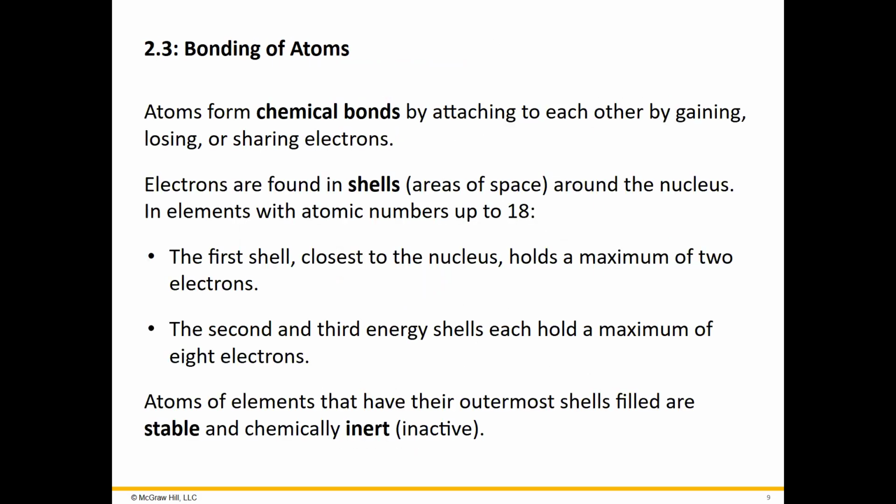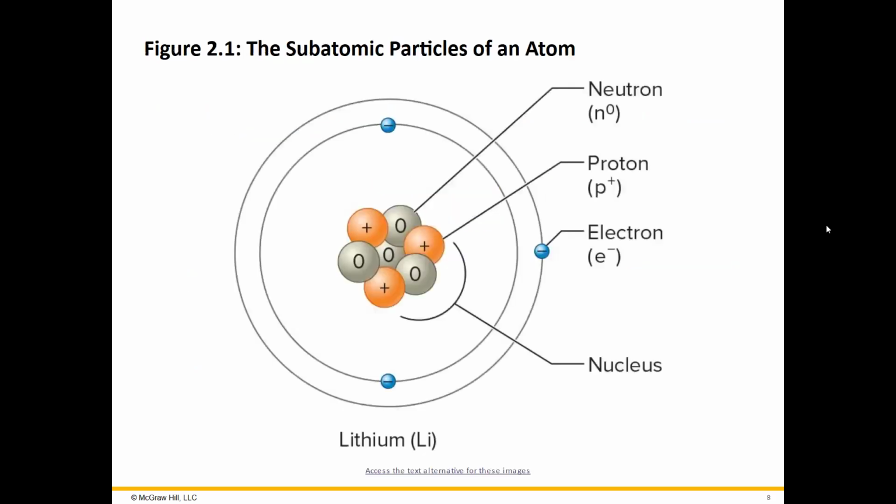Atoms of elements that have their outermost shells filled are considered stable and therefore inactive, or what we call chemically inert. So this is not a stable atom of lithium. This is a reactive lithium atom because it has a second shell that doesn't have 8 electrons. It wants 8 electrons.